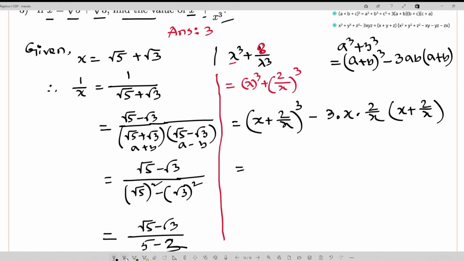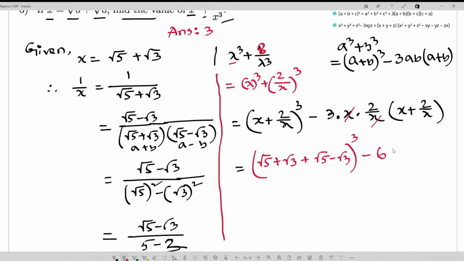Then x means root 5 plus root 3, plus 2 by x means root 5 minus root 3, then whole cube. Here x and x cancel out, minus 6.